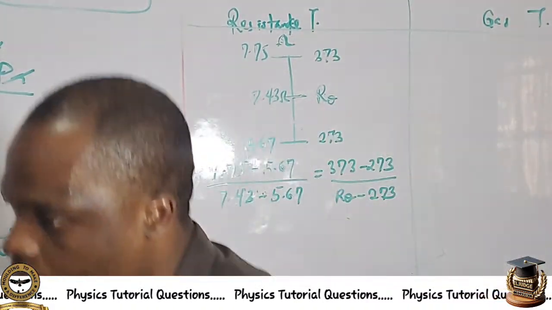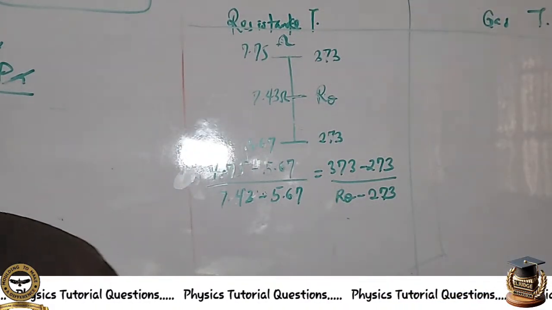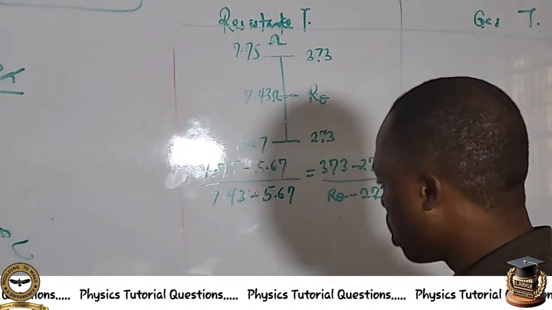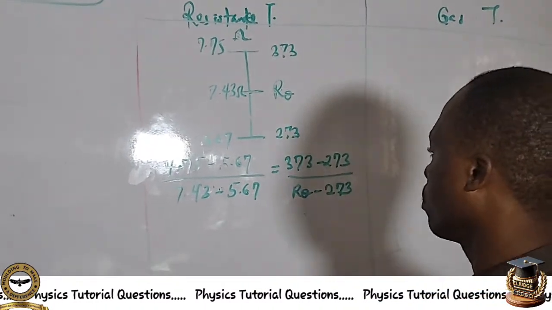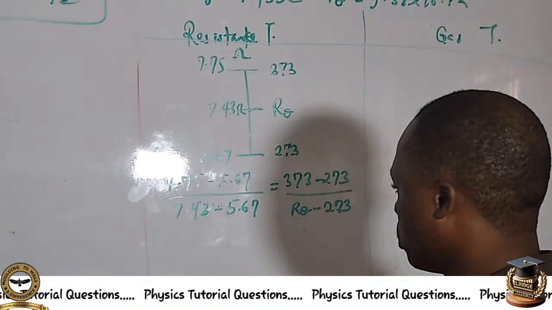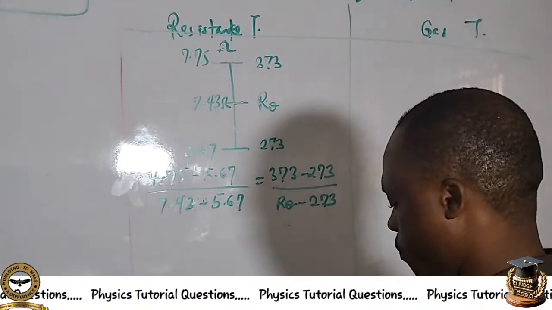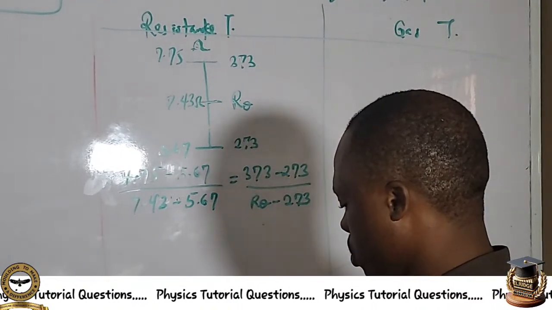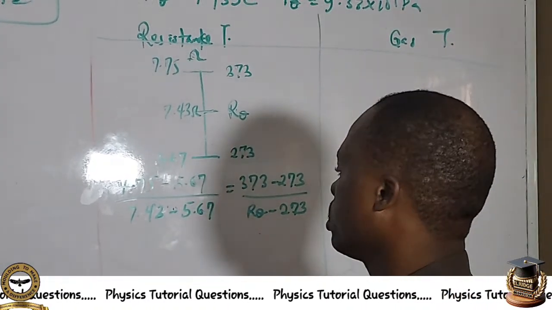So let's press our calculator. 7.75 minus 5.67 gives us 2.08.